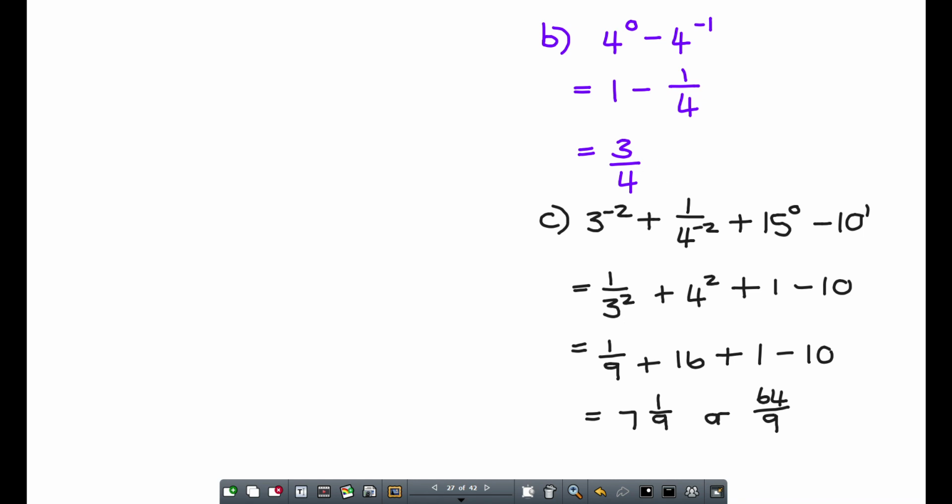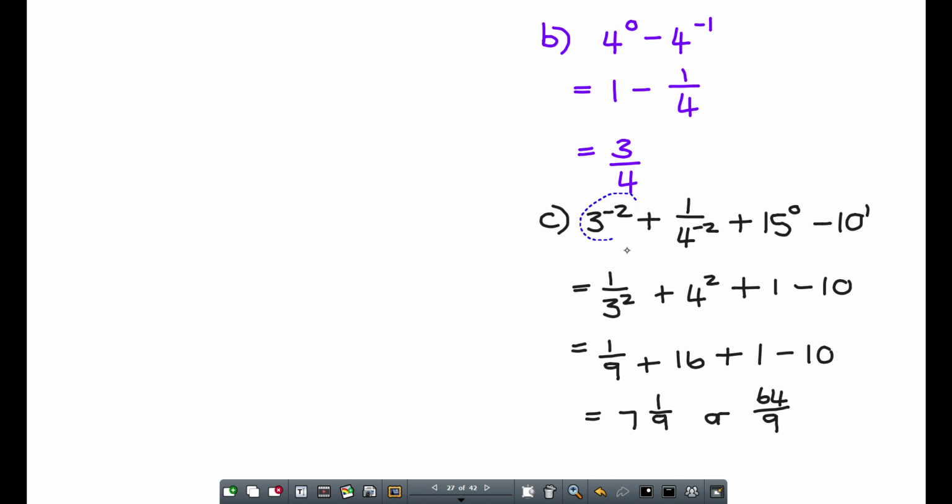And then the last one, again, we are doing normal addition and subtraction. So you could not use law 1 or law 2. I had to do each of those terms separately, simplify them separately, and then once we got normal numbers, I could then go and add and subtract.